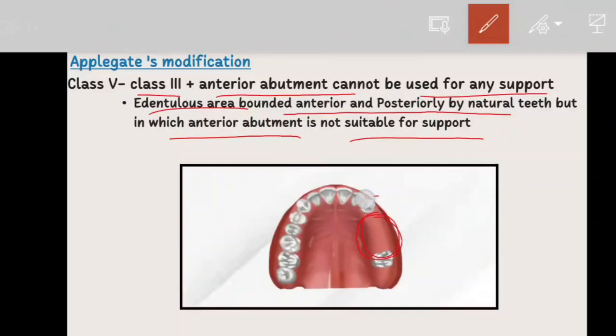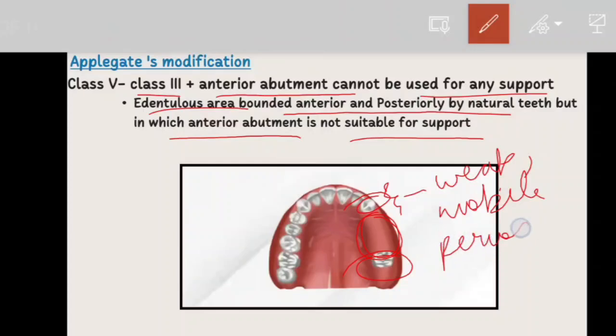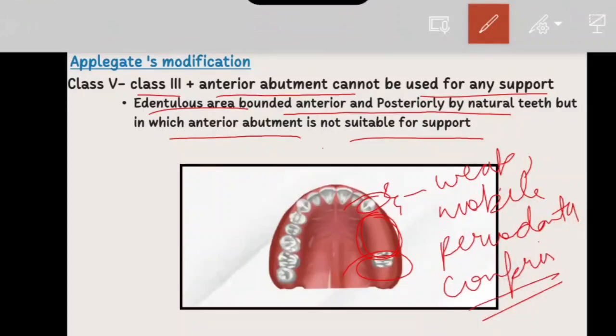Here the anterior and posterior teeth are present, but we cannot use the anterior tooth as an abutment because it is weak, mobile and periodontally compromised. So this comes under class 5.